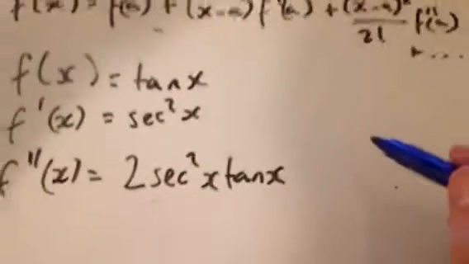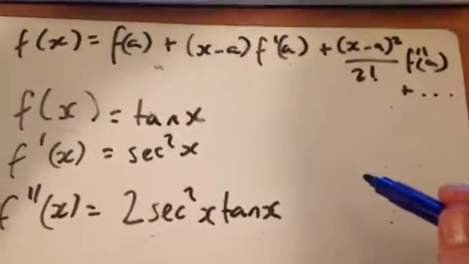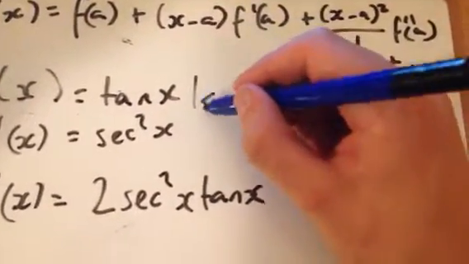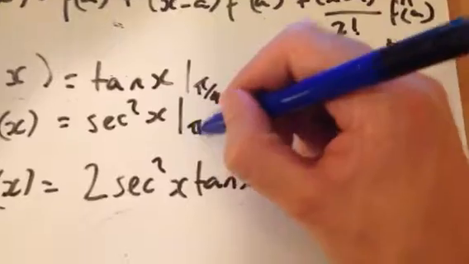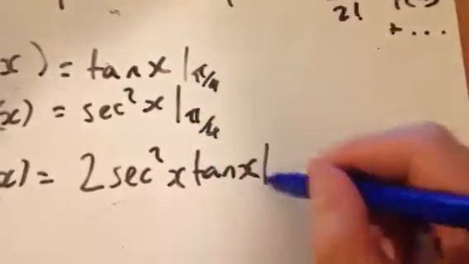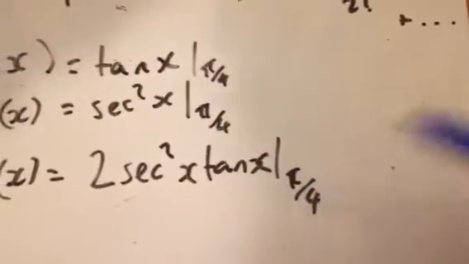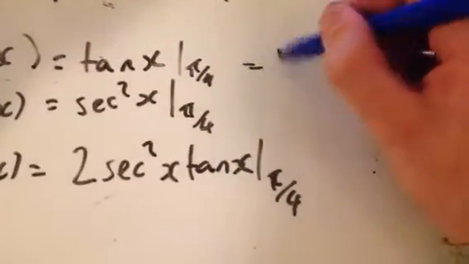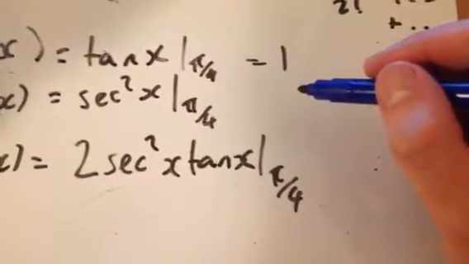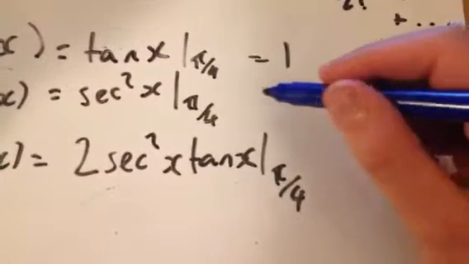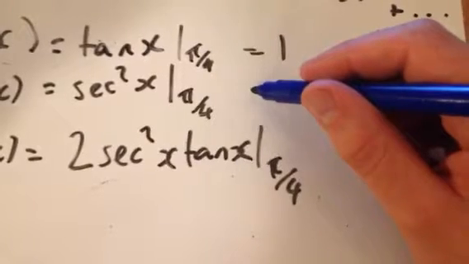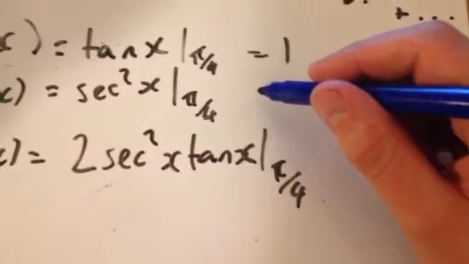Now each of these needs to be evaluated at pi over 4. So using this shorthand here, we can say that tan x at pi over 4, well that's just equal to 1. Sec squared x at pi over 4, well cos of pi over 4 is 1 over root 2, I think.